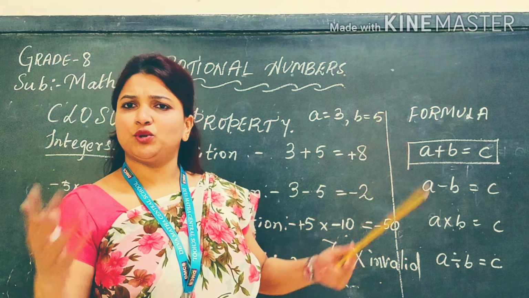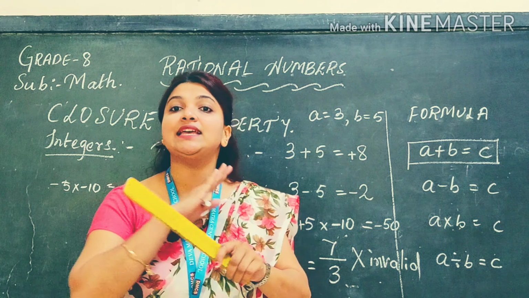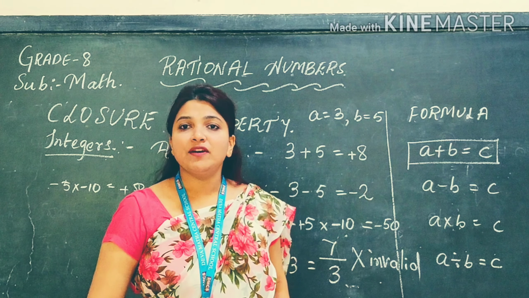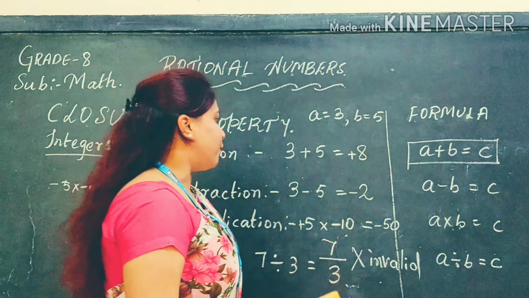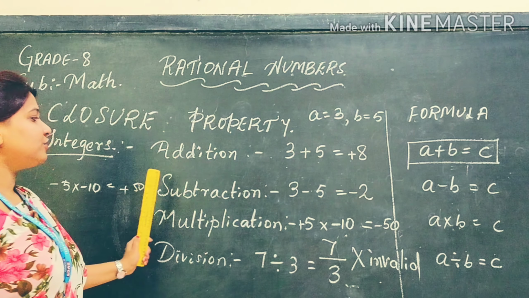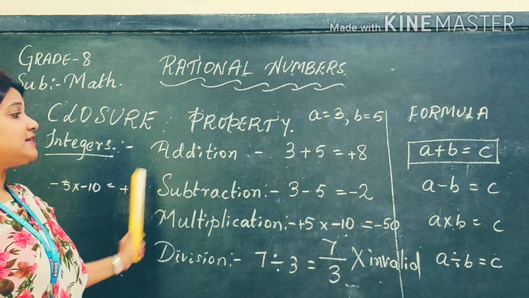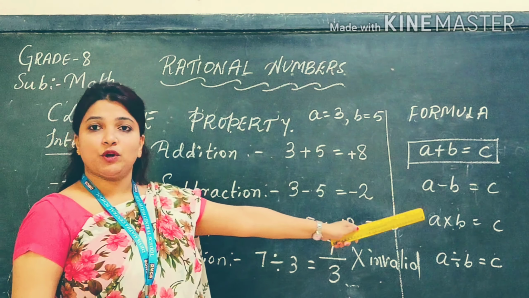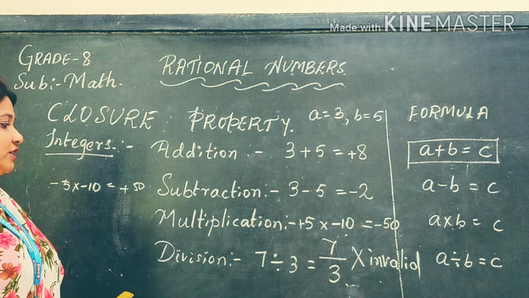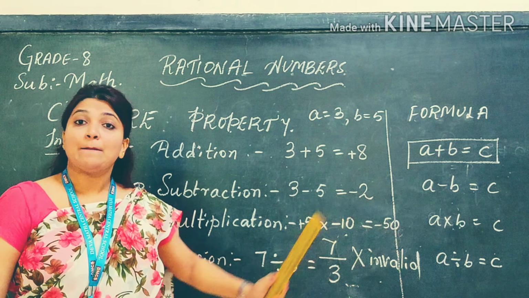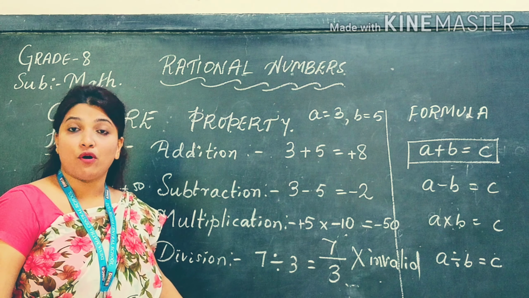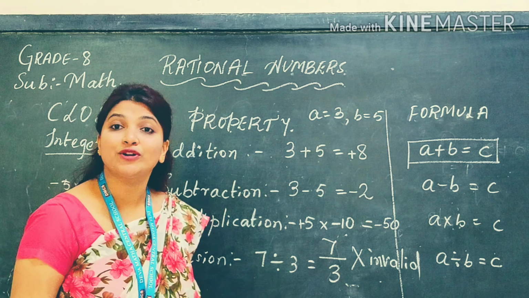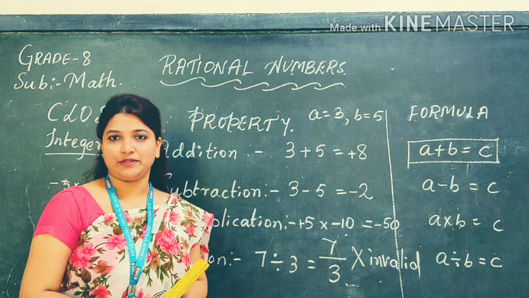Let A be plus 1, 2, 10, minus 5, anything, any integer, and similarly B is also an integer. Closure property of multiplication is A into B is equal to C. Closure property of division is A divided by B should give me C, but closure property is invalid for division, or division is not closed.